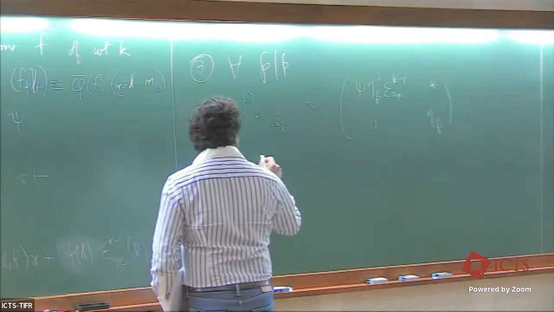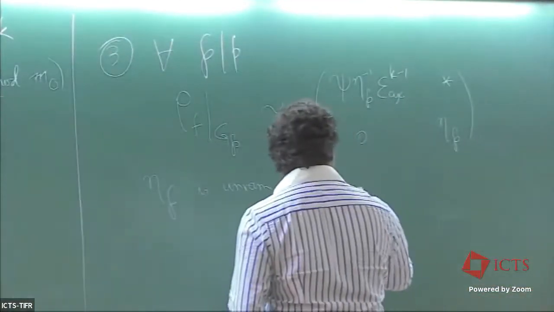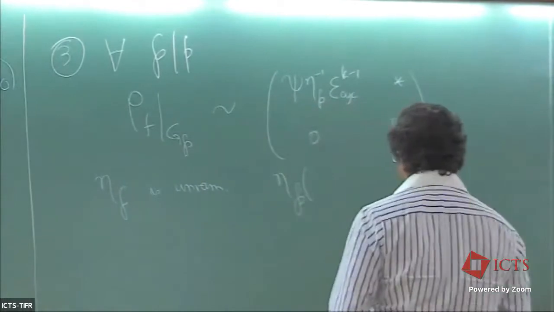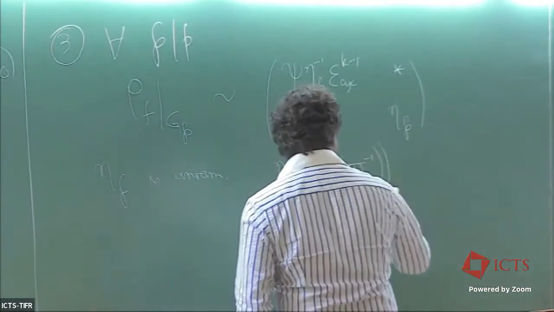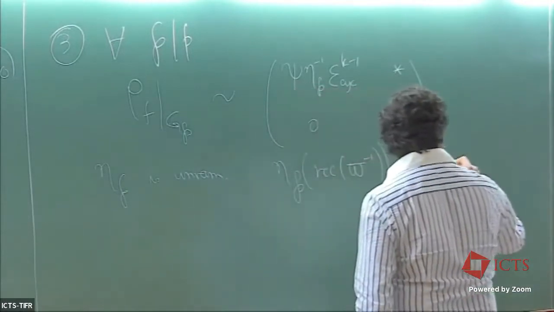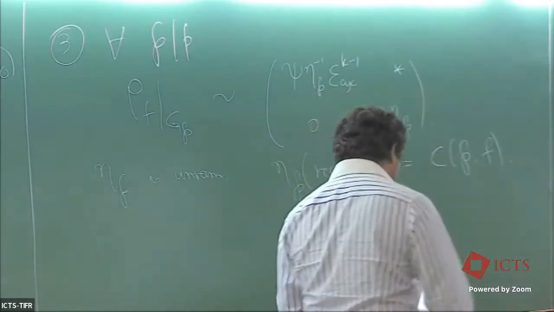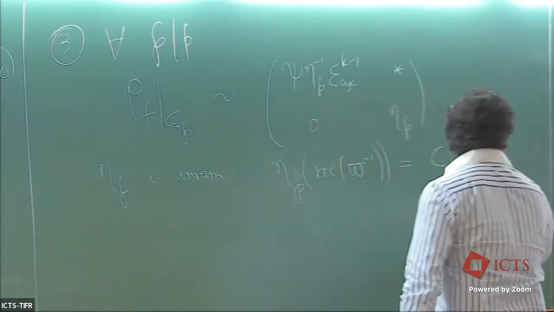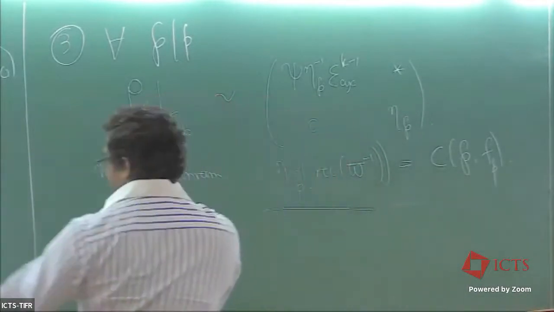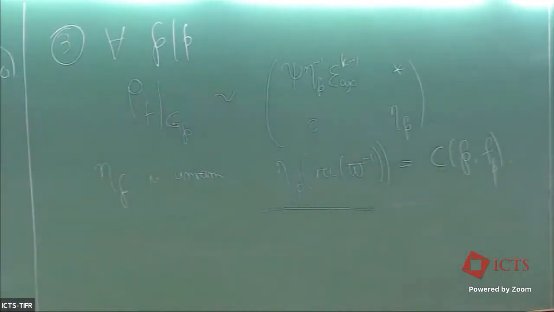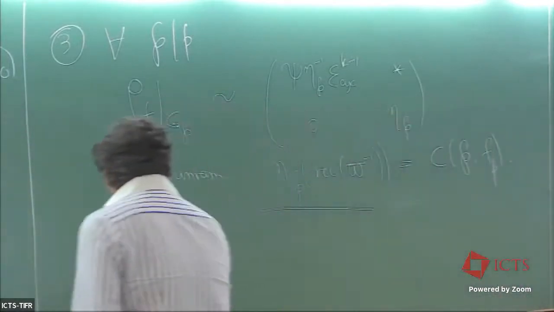So I just have to tell you what it does at the image of the uniformizer under the reciprocity map, and this is just the p-th Fourier coefficient of F_p, the stabilized form. All right, so this is just some Galois representation that's attached to this. Now here is a piece of notation.